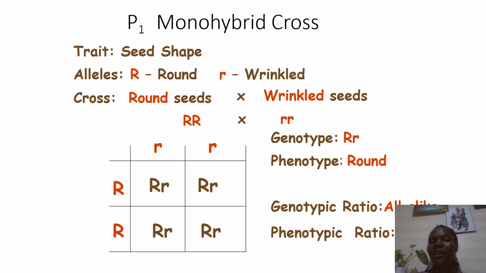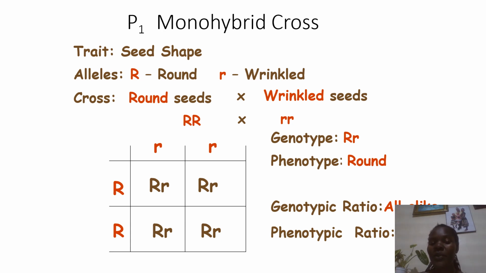Then we are generating a cross between two parents, where one parent has round seeds, meaning the genotype is homozygous dominant, capital R, crossed by wrinkled seeds, small r, homozygous recessive. So the male and female will be able to produce the gametes.